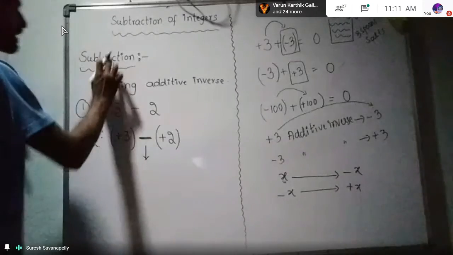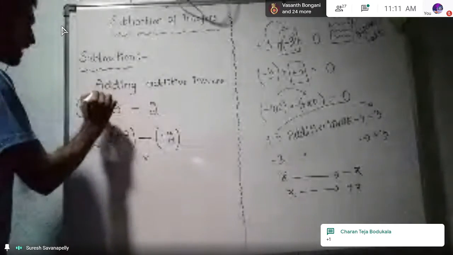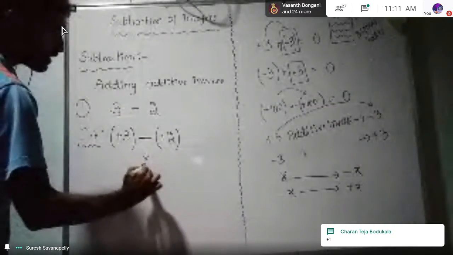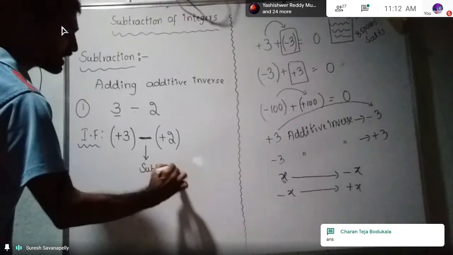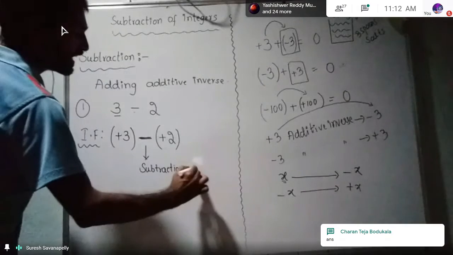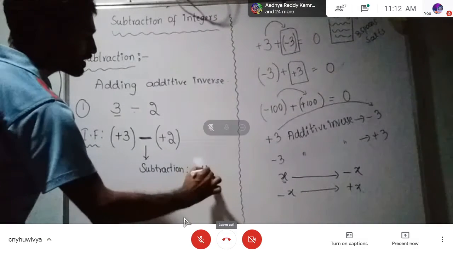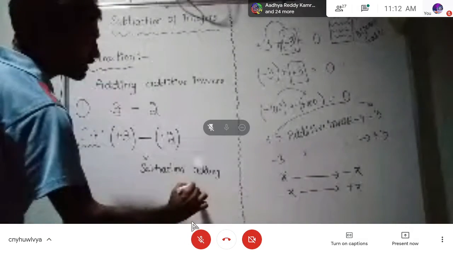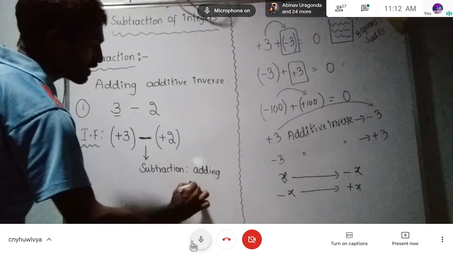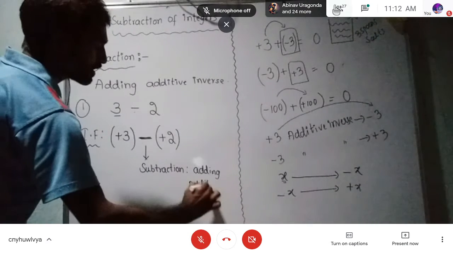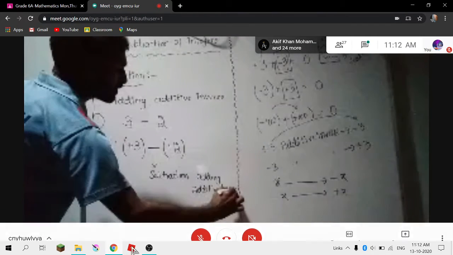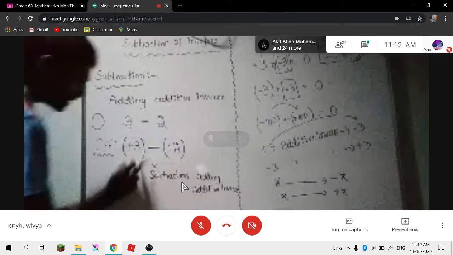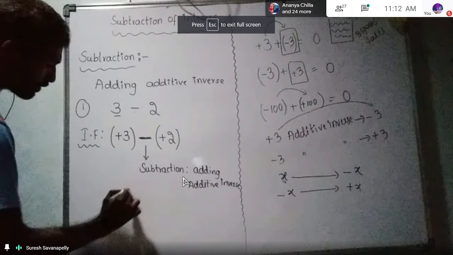What do you mean by subtraction? Subtraction means adding the additive inverse. Now I am just explaining the process. You write this number as it is, plus 3 only.